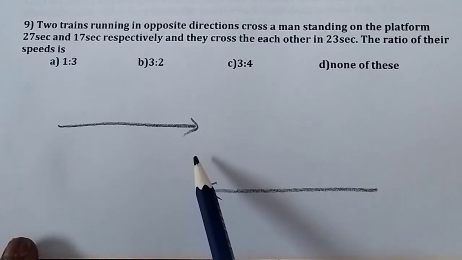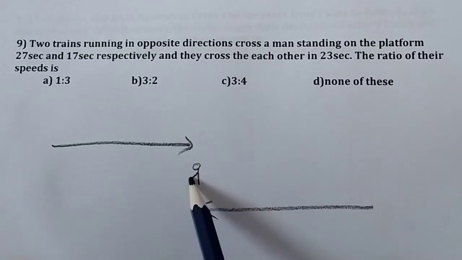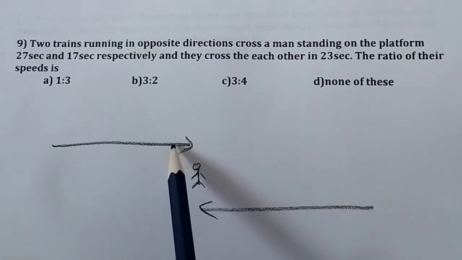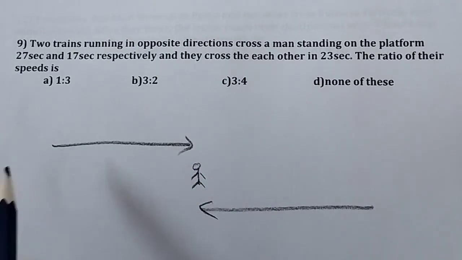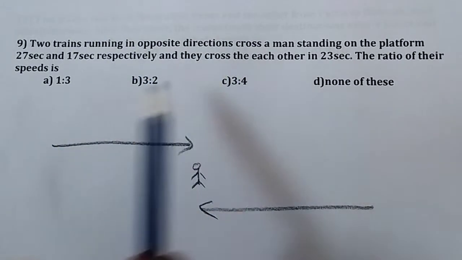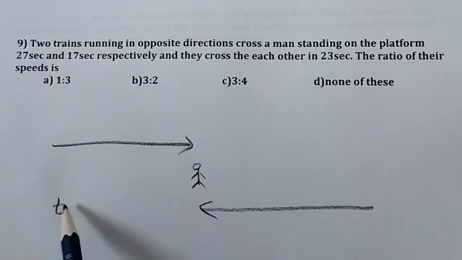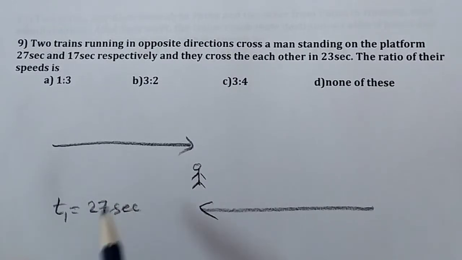There is a person standing here. This first train passes through this. Two trains running in opposite directions. The first train crosses a man in 27 seconds.